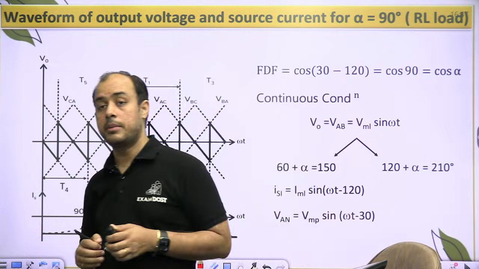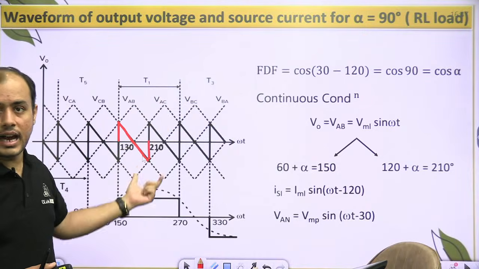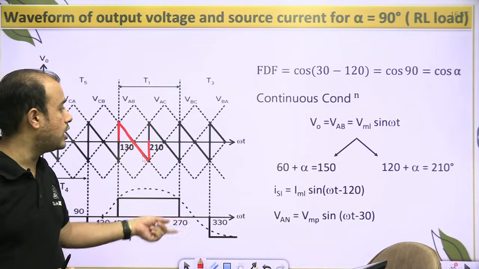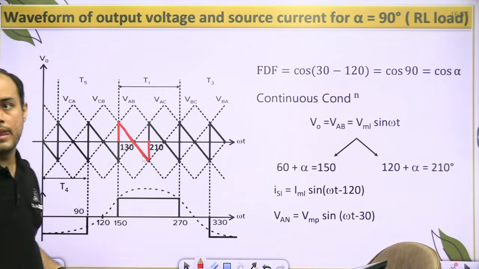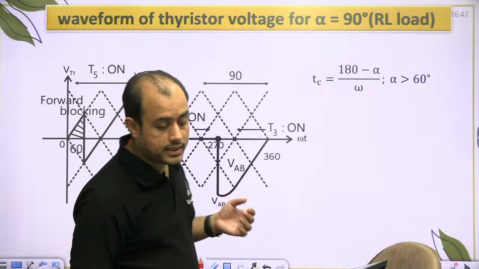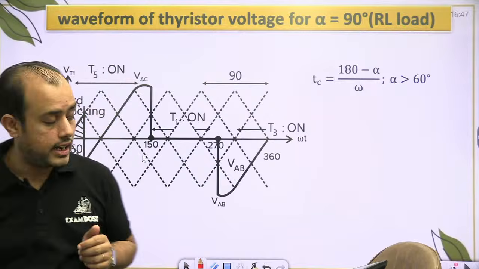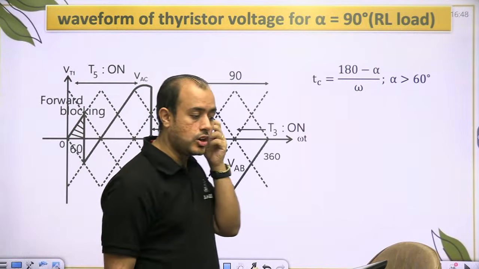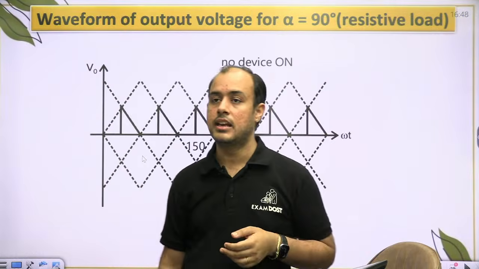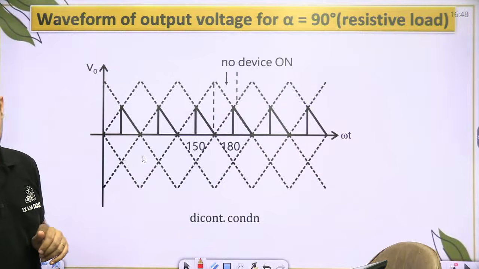Okay, this is how AB will look. And again, when AB or AC is there, A is I naught. When BA and CA is there, it is minus I naught. Circuit turn off time, as soon as you go above 60 degree for alpha, becomes 180 minus alpha by omega, not 240 minus alpha by omega.